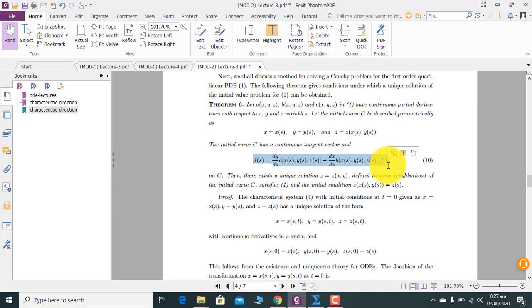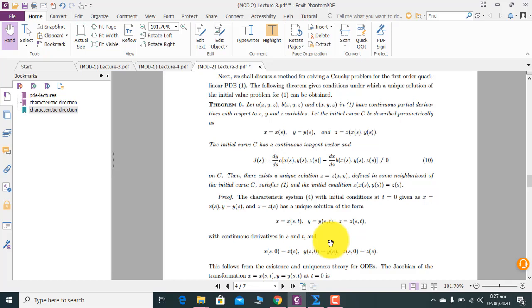If you remember that, what do you mean by Jacobian? So this is dy over ds times A minus dx over ds times B. The Jacobian is basically calculated for any transformation.